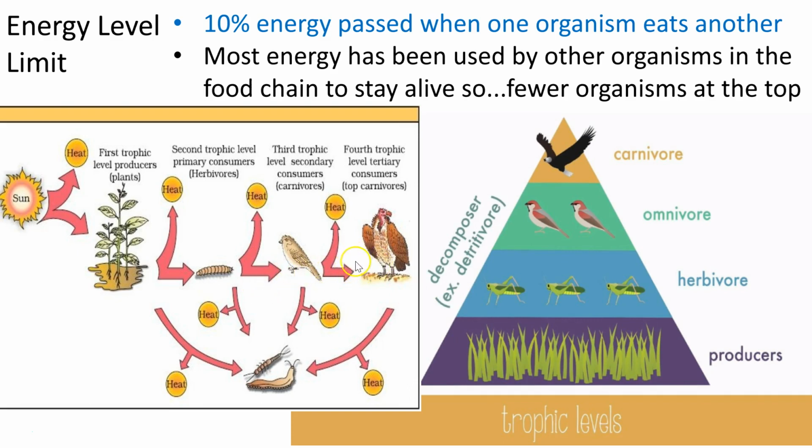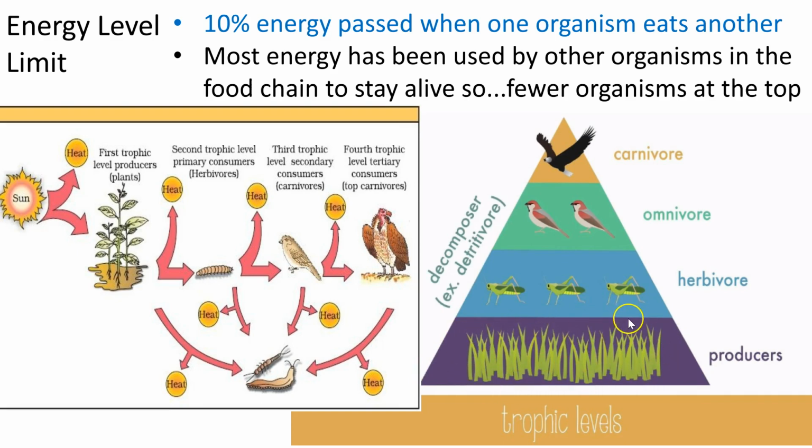This is why you're not going to see as many carnivores at the top of the food chain as you would, let's say, plants. When you look at a food chain, the population of plants is going to be the greatest, and you see that over here in the pyramid. This basically shows population.